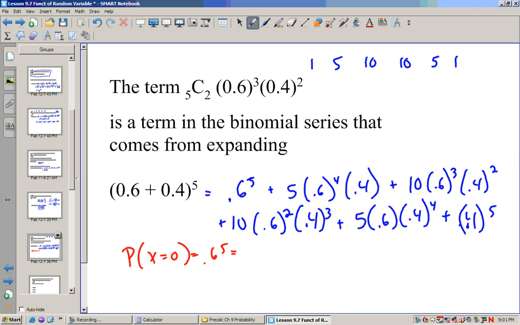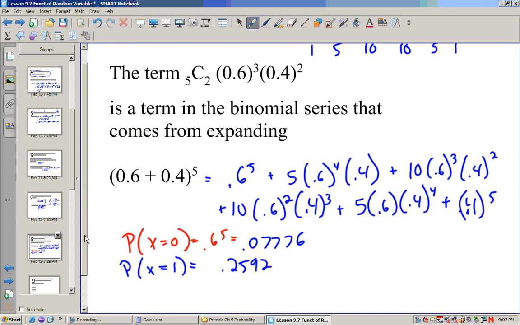Now 0.6 to the fifth, I can figure out on my trusty calculator, is 0.07776. Alright, the probability that I get 1 head is going to be 5 times 0.6 to the fourth times 0.4, or 0.2592.